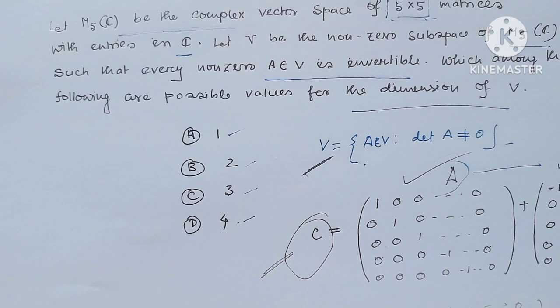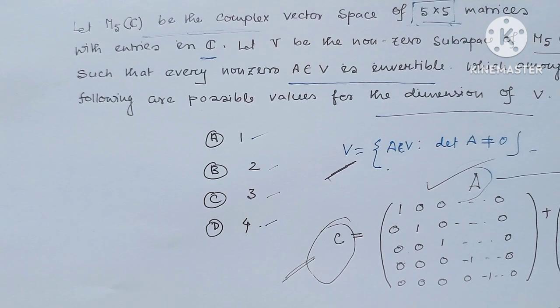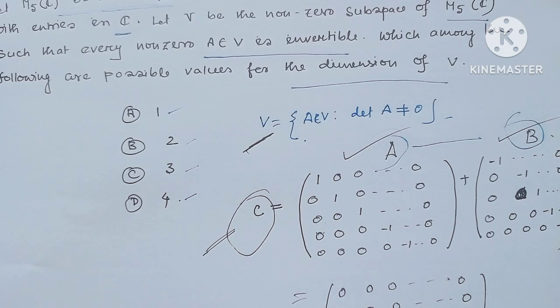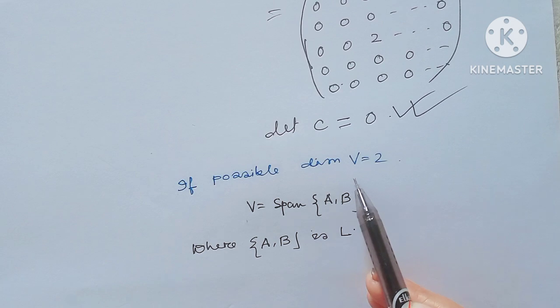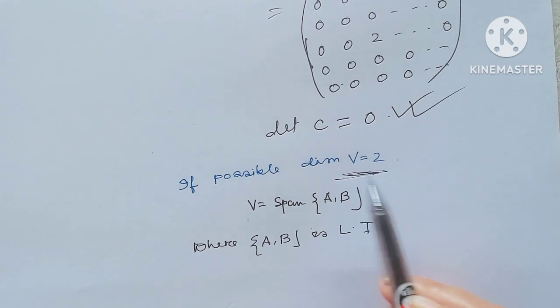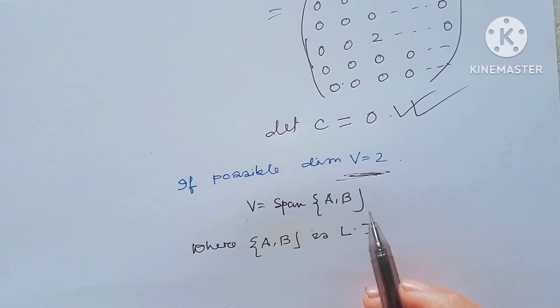Now we have to find the possible values of the dimension of the vector space V. First consider the dimension of V equal to 2. If possible, dimension equal to 2, then V equals span of A, B, where A and B are linearly independent.